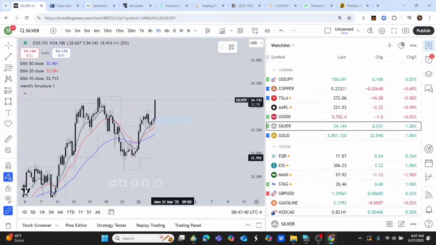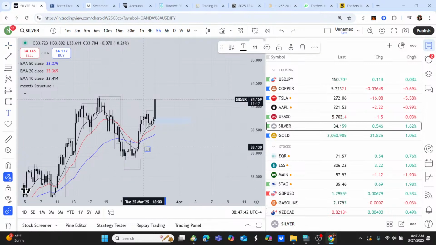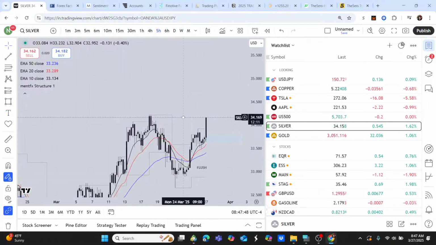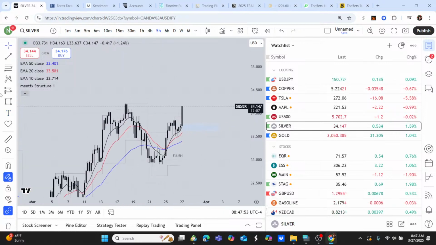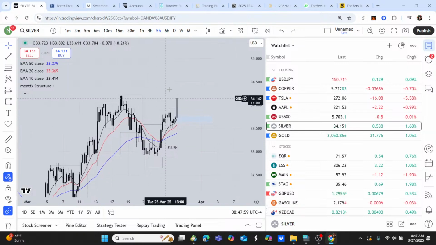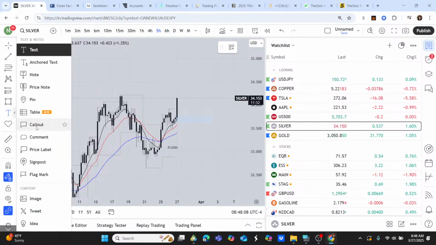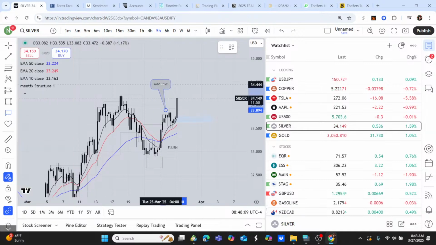So flush, okay, flush right here. Let's see. Everything looks good. So we had the flush. We had this right here. This would be the context breaker structure one.